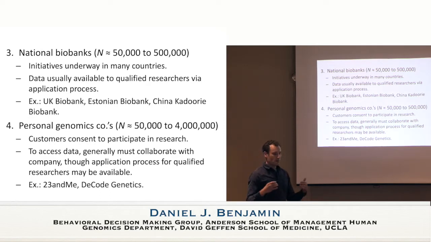This is where they're providing a service to customers, like giving you your health status or your ancestry information. And in return, a number of customers, well, they pay, but then also many of them consent to participate in research. And then the companies analyze the data themselves, and in some cases, collaborate with researchers to analyze the data. For a number of these companies, there's application processes that you can go through to potentially get access to this data.